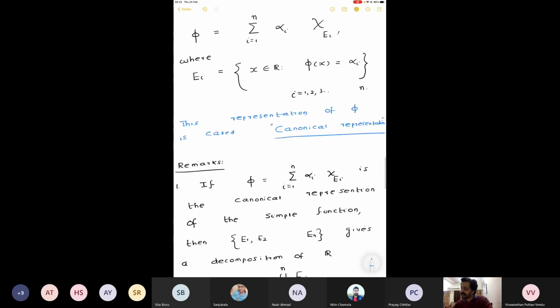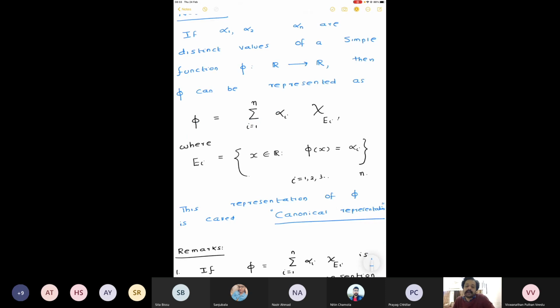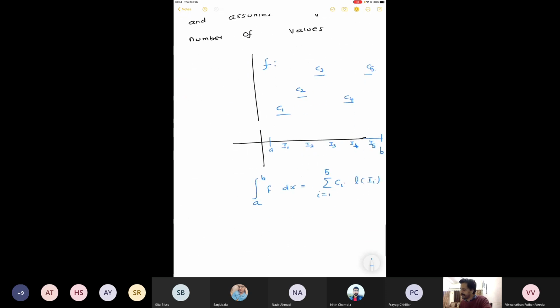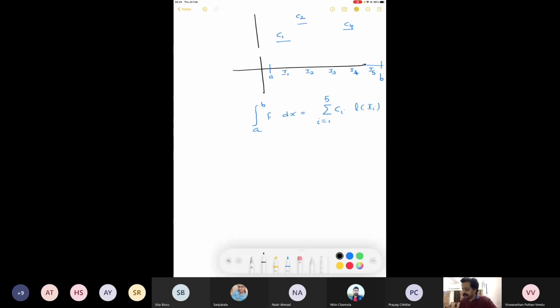Alpha i is taken on Ei. But now you cannot talk about the length of Ei. You have to talk about some quantification of Ei, and the quantification of Ei is the measure of Ei. If you have that intuition in mind, now we can define the integral of a simple function.